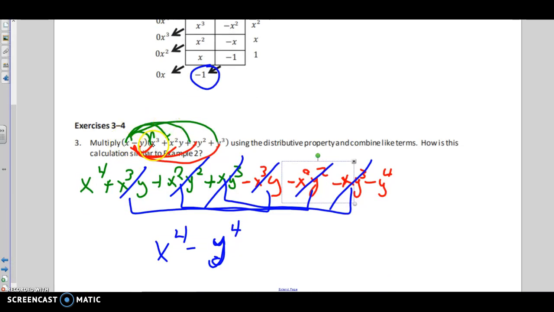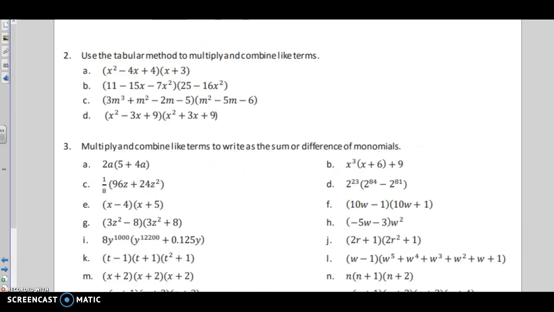So x times x cubed, my first term, negative y times y cubed, my last term. Everything is in descending order. So that's just a pattern that you may see. If you don't pick up on it, you'll just have to multiply it out. Tabular method or distributive, either way, as long as you can multiply polynomials, that is the objective of this lesson.